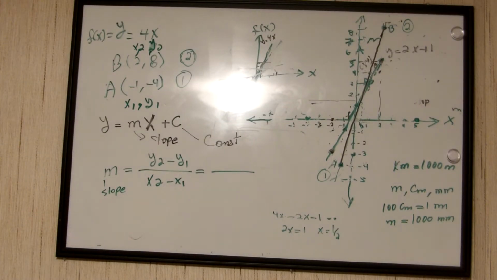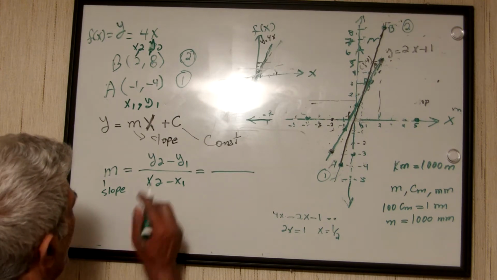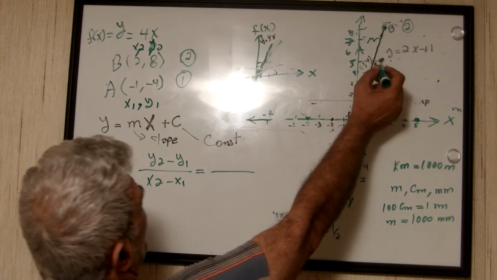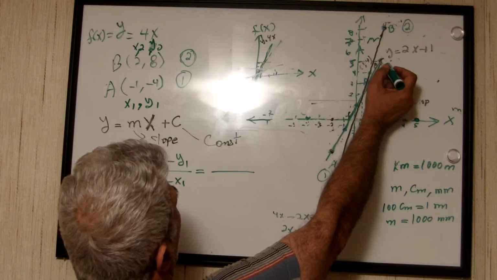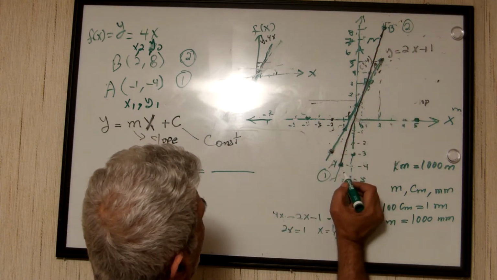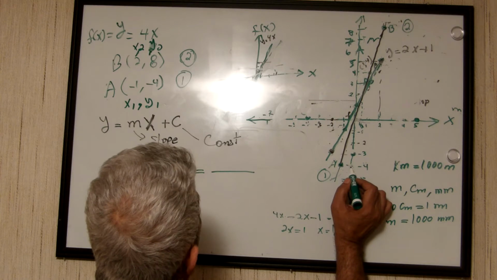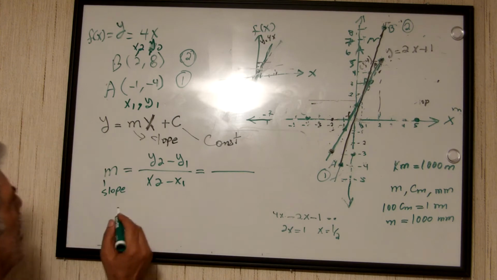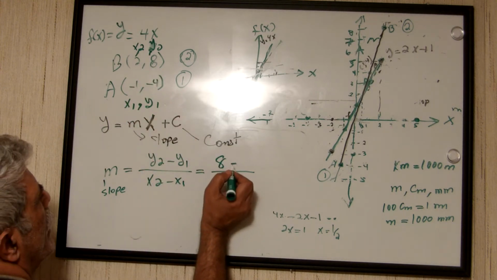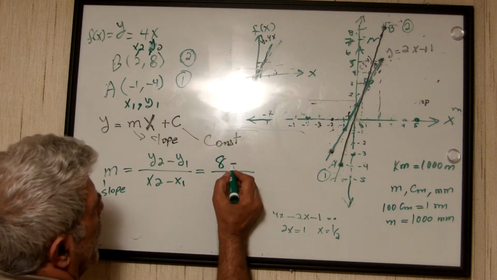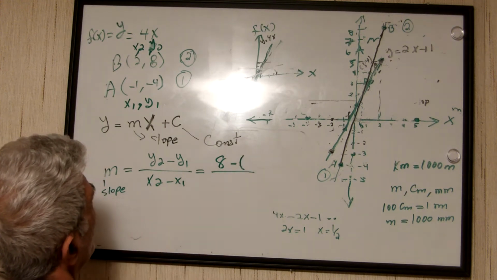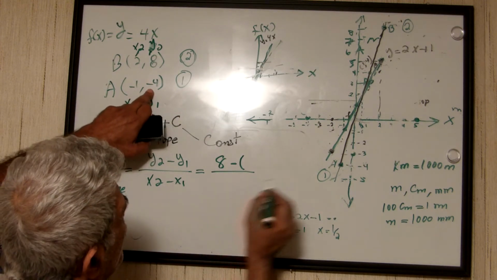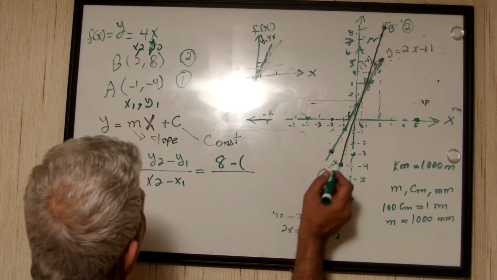So let's find what this is. We have y2 here, and y1 here. y1 of this one is -4, and y2 is 8. So y2 is 8, minus y1, and then we write the value of y1, which is -4.